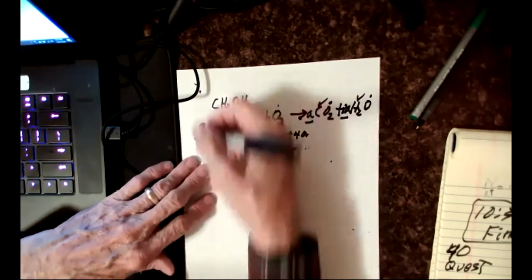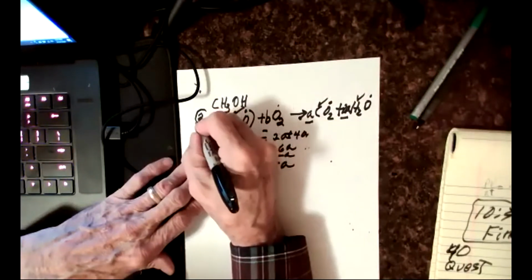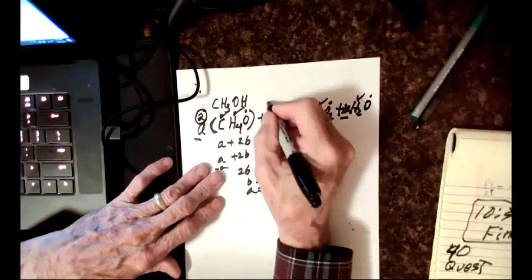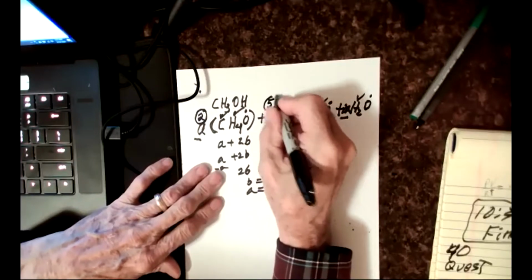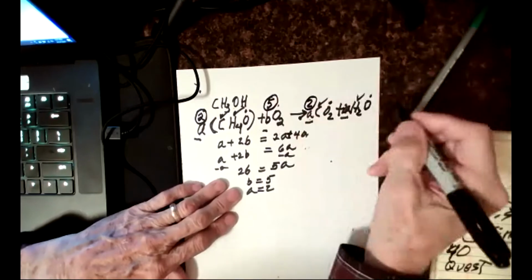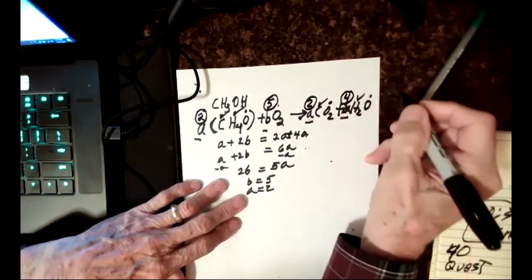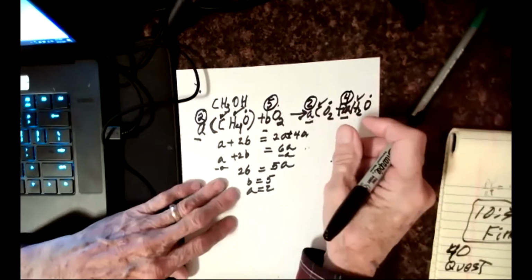So if I go back up here now and rebalance my equation, this is a 2. This is a 5. This is a 2. 2A, this is a 4. So there are my balancing coefficients.